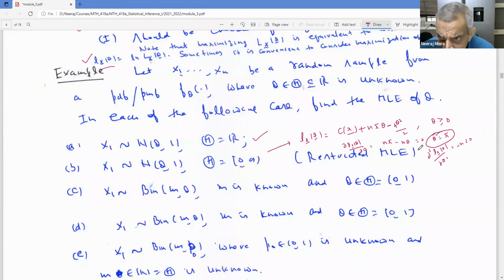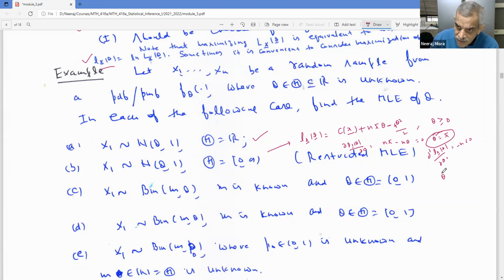If x bar is less than 0, then your derivative does not vanish anywhere. And the maximum exists because your likelihood function would be bounded. In fact, your density is bounded because of e to the power minus theta square by 2. So the maximum would exist. That means the maximum would be on the boundary, and the boundary is 0.